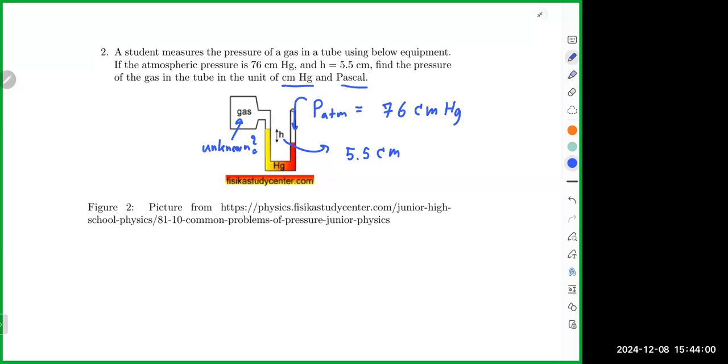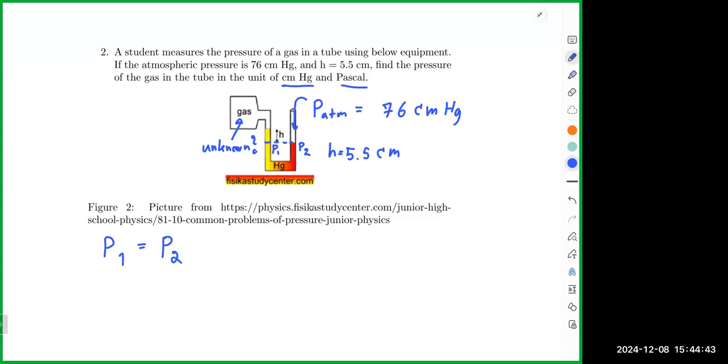Okay, all you have to do is to find the connection between the source of the pressure that you would like to know and the pressure from the atmosphere. I would say here P1 and P2. We know that P1 equals P2 because it is the same level of the connected mercury.